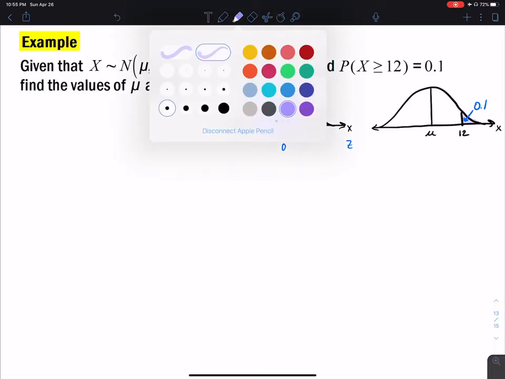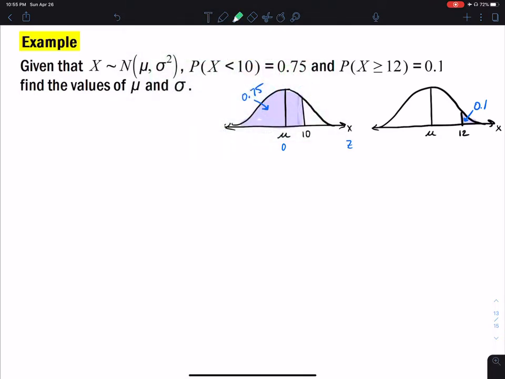Because if you've seen all of these examples so far, when we find a probability from the z-score table, our probabilities are greater than 50%. We're okay here because we're to the right of the mean, which is good because that's where we get our probabilities from in that z-score table. But they don't give us probabilities like this.